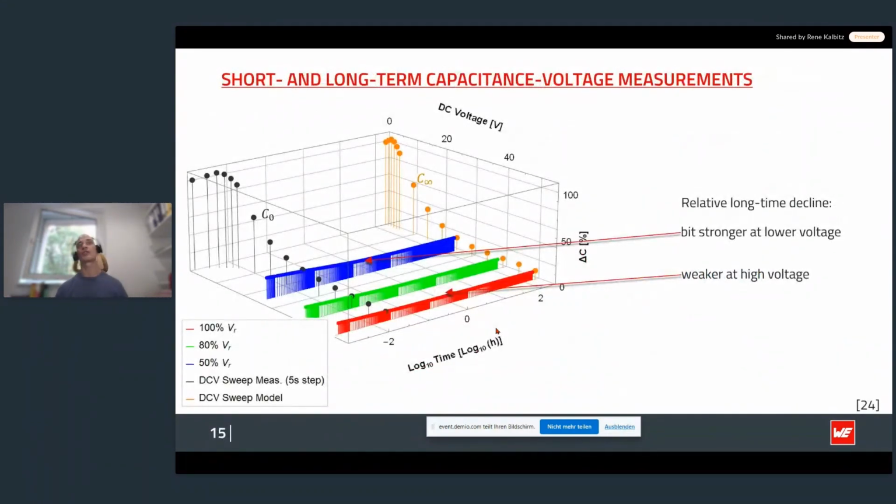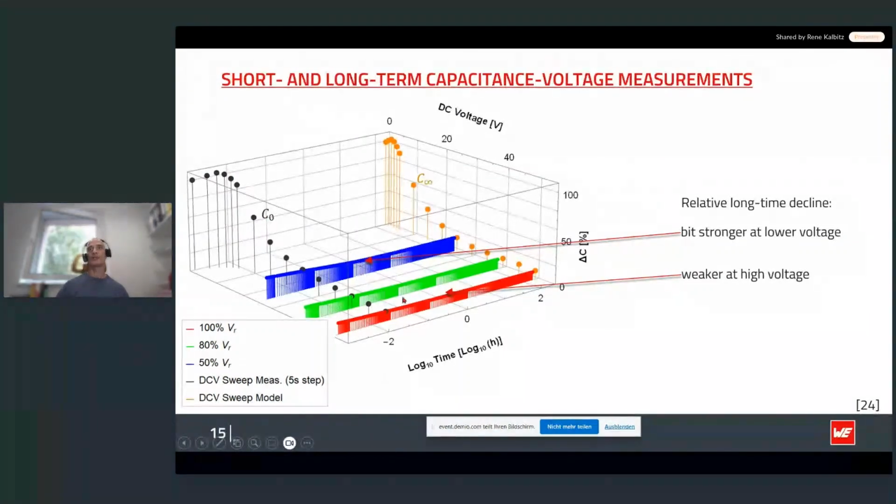I would like to put the actual capacitance change of the two processes into perspective, so you may assess the actual practical relevance. For that, I have plotted the graph shown on the last slide in this 3D plot. The black points are the measured immediate effect.